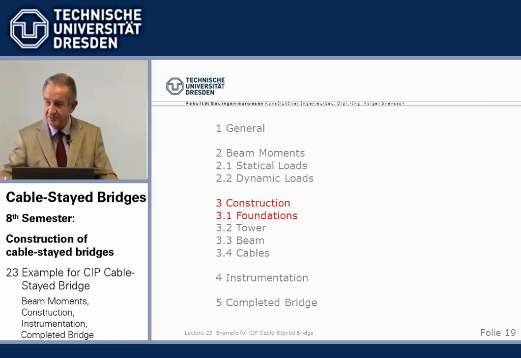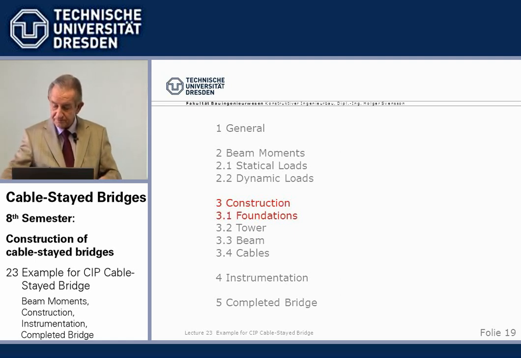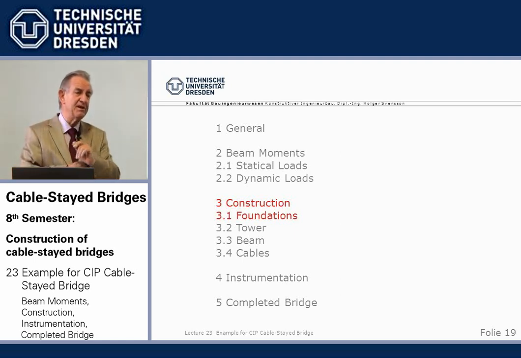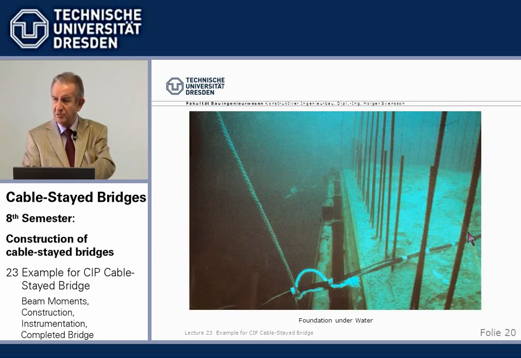Now, we come to the construction. In up to 30-meter deep water, it was very strong, hard rock, was cleaned up, and then with divers, a first layer of concrete was placed.